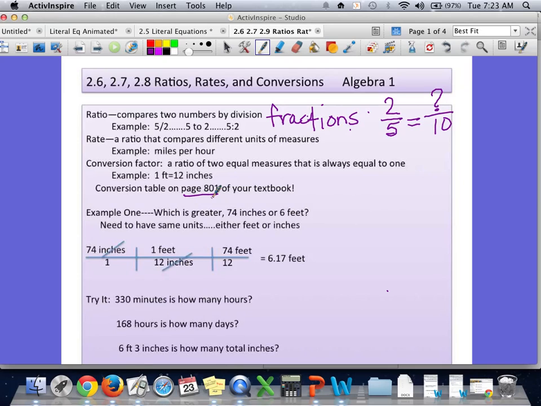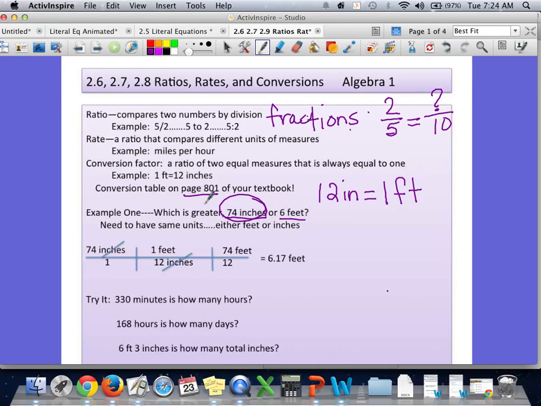So the first thing, which is greater, 74 inches or 6 feet? Using conversions, we know there are 12 inches in 1 foot. When you set these up, you want to use the information that you have.